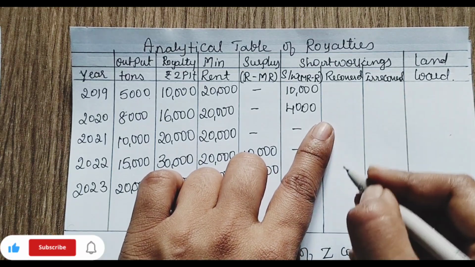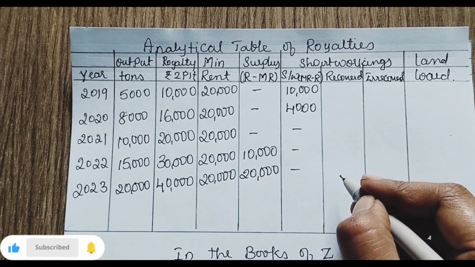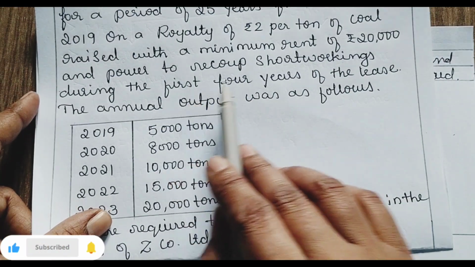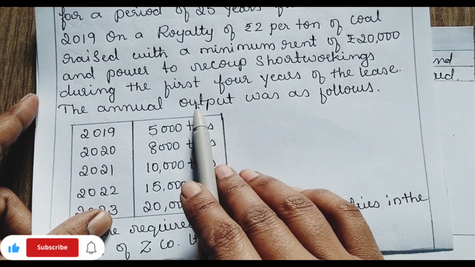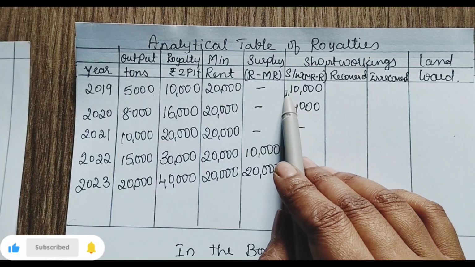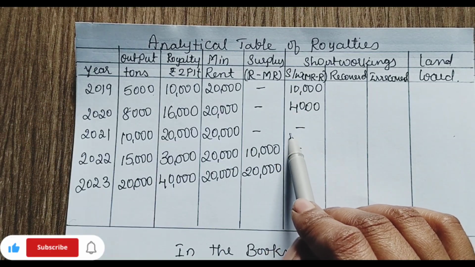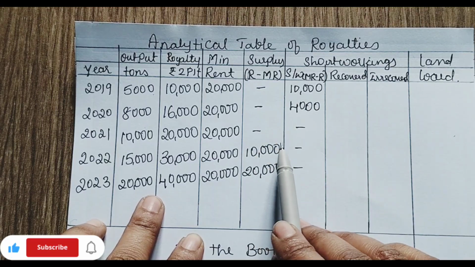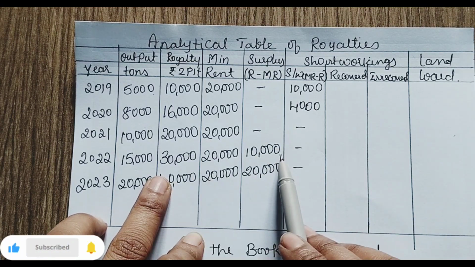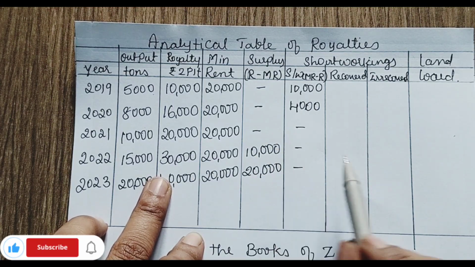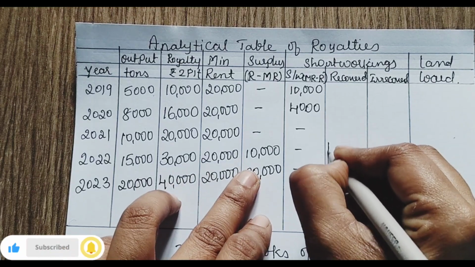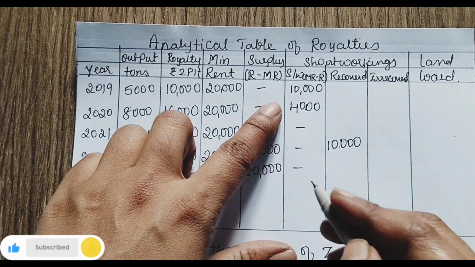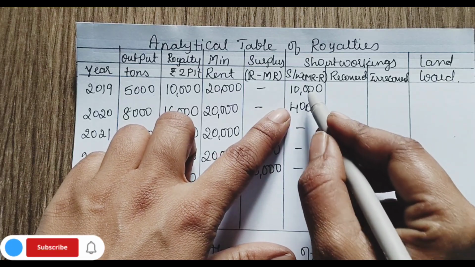Now recovered. What the question says is you can recover in the first 4 years only. In the first 3 years you can't recover because you have short working or it is equal, and only in the fourth year you have surplus, so you can recover. How much you can recover? 10,000 you can recover. How much are you supposed to recover? 14,000.